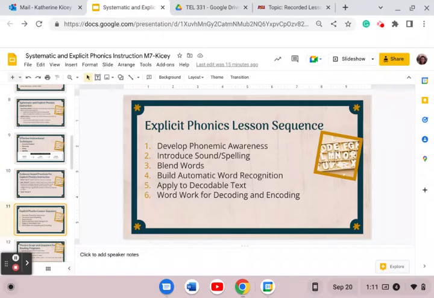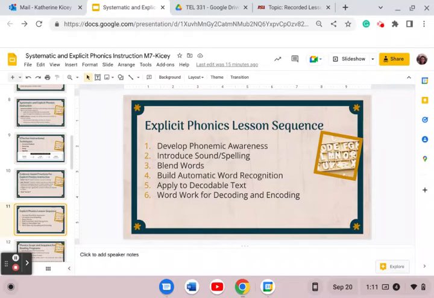So making lessons. This is a huge one. You want to make sure that you have explicit phonics lessons and they're in a sequence that makes sense. So you need to develop phonemic awareness. You need to introduce sounds, and that also would include spelling. You would be blending the words and teaching how to do that. Building automatic word recognition.